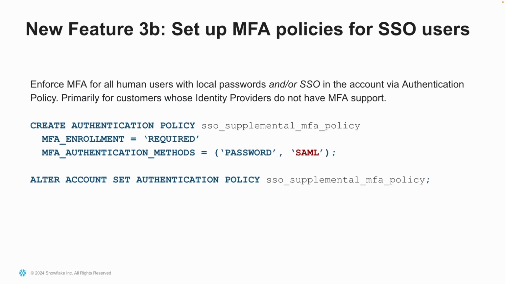We can also force single sign-on authentication. So in this example, we are allowing for our user to authenticate both with a password and through single sign-on as well. But we could also remove password as a valid authentication and just force the SAML policy. So this gives us a lot of ways to securely authenticate our users and mandate those policies across the account.